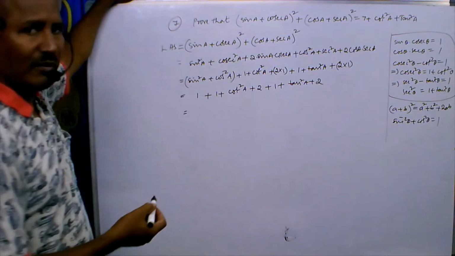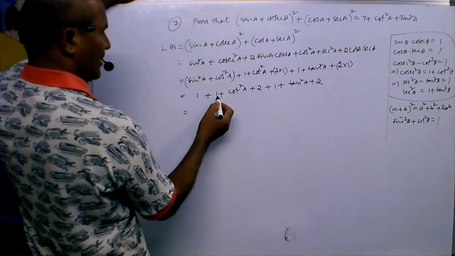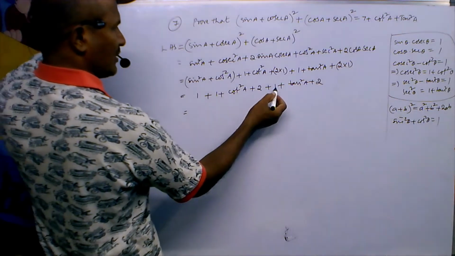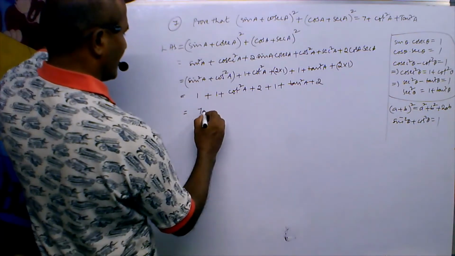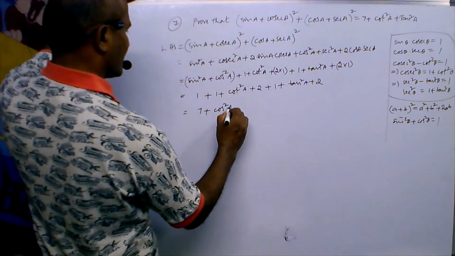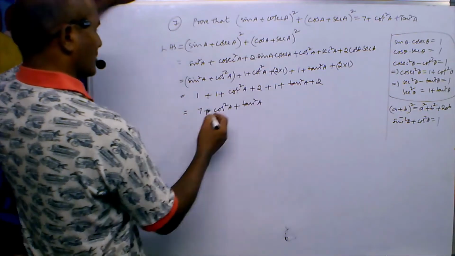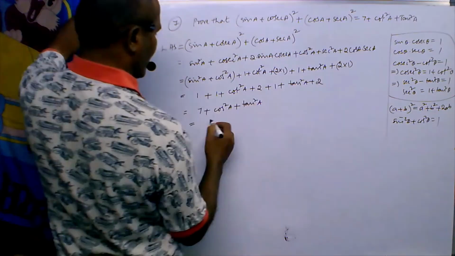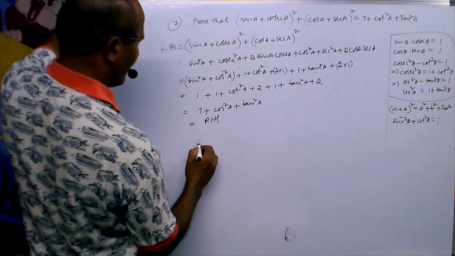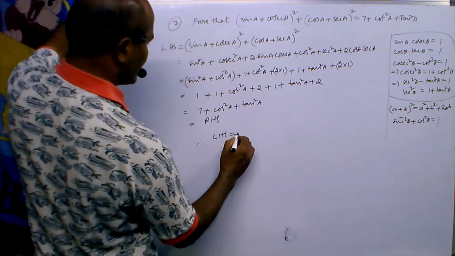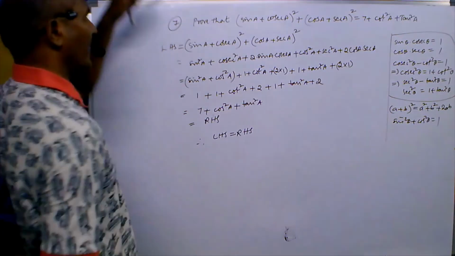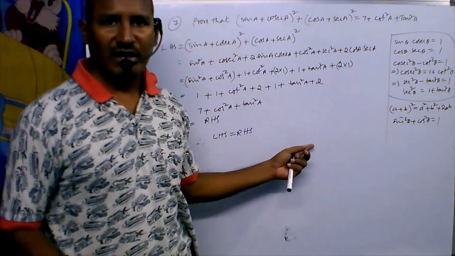Now simplify, add all constants. 1 plus 1 is 2, plus 2 is 4, plus 1 is 5, plus 2 is 7. 7 plus cot square A plus tan square A. So we got this, which is equal to RHS. Therefore we write finally LHS is equal to RHS, or else you can write this equation as it is.